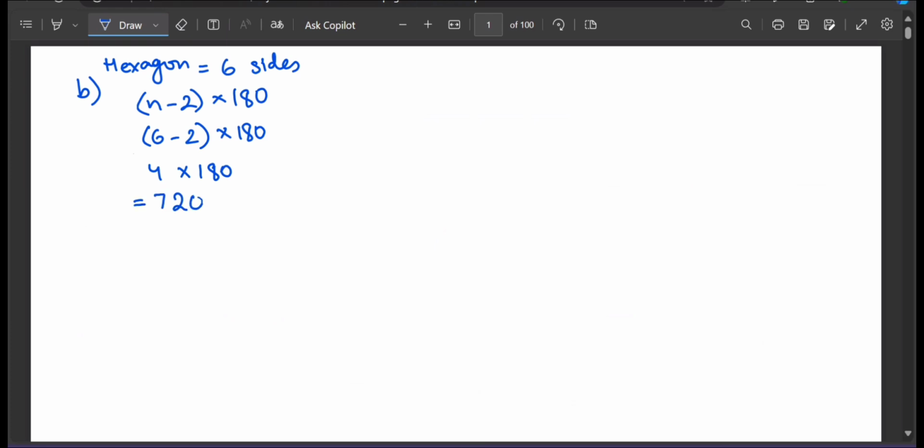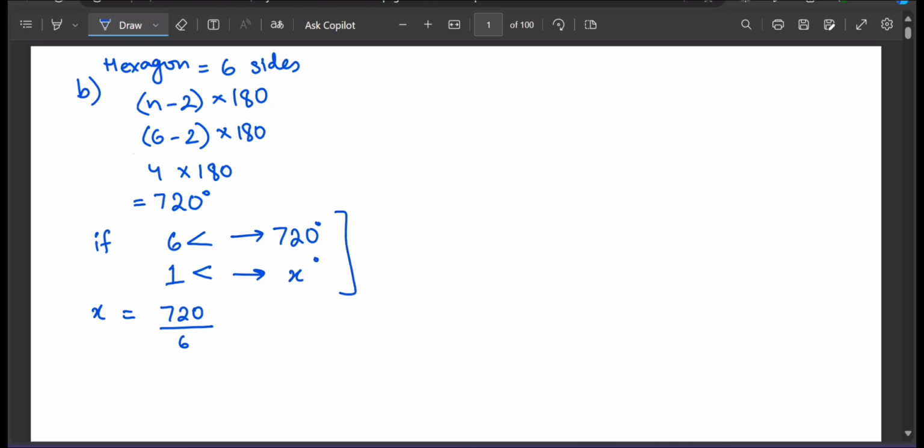If 6 angles belong to 720 degrees, how much will one angle have? So we do 720 divided by 6. This is the way I'm just going to tell you, this is not recommended. You should not write it in this way for the exams. And x is equal to 120 degrees.